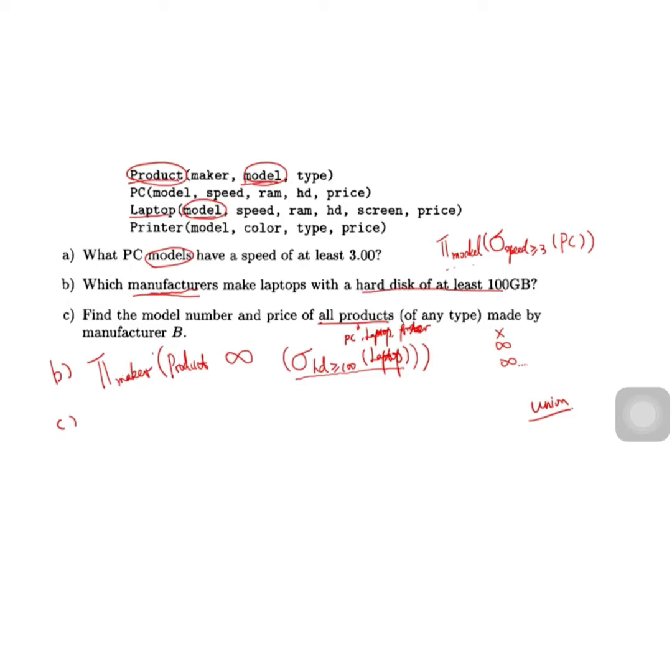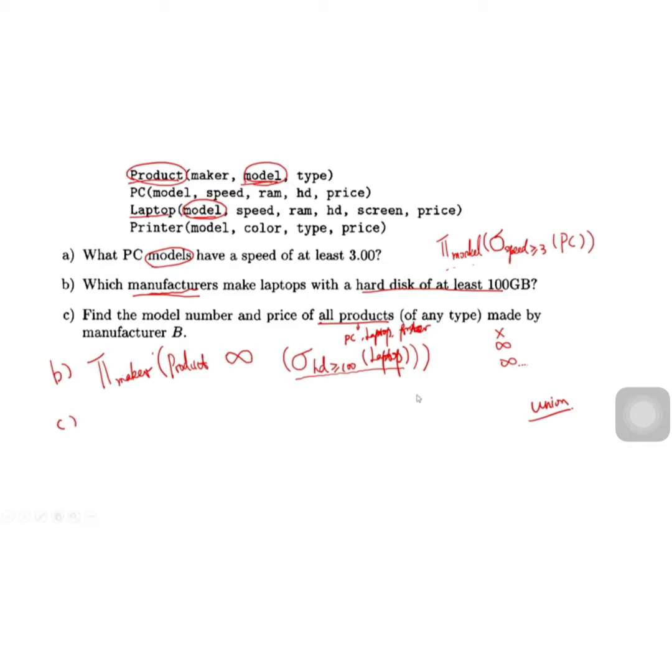So with union, we can find the model and price of PCs made by B, union the model and price of laptops made by B, union the model number and price of printers made by B. Then we get the model number and price of all products.